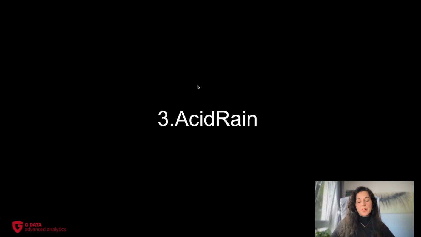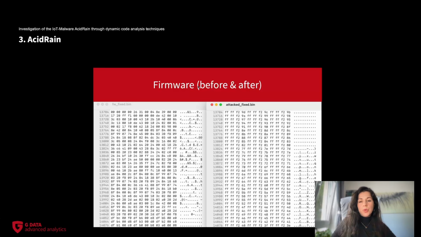Right. Before I start to explain what AcidRain is and how it acts, I will show you the firmware of the Viasat modem. I got the firmware from a researcher, and he extracted the firmware of the modem before AcidRain ran on it. We can see it on the left side, and on the right side we see it after AcidRain ran on the modem.